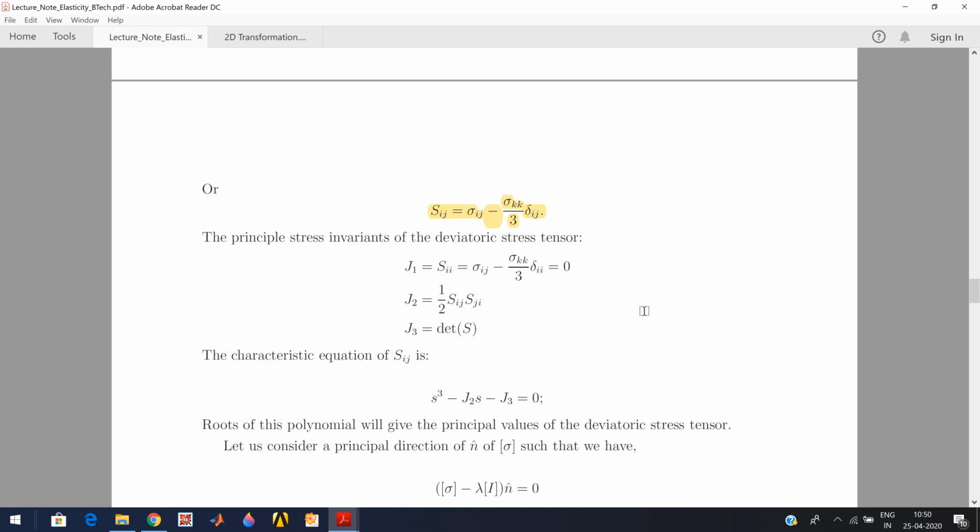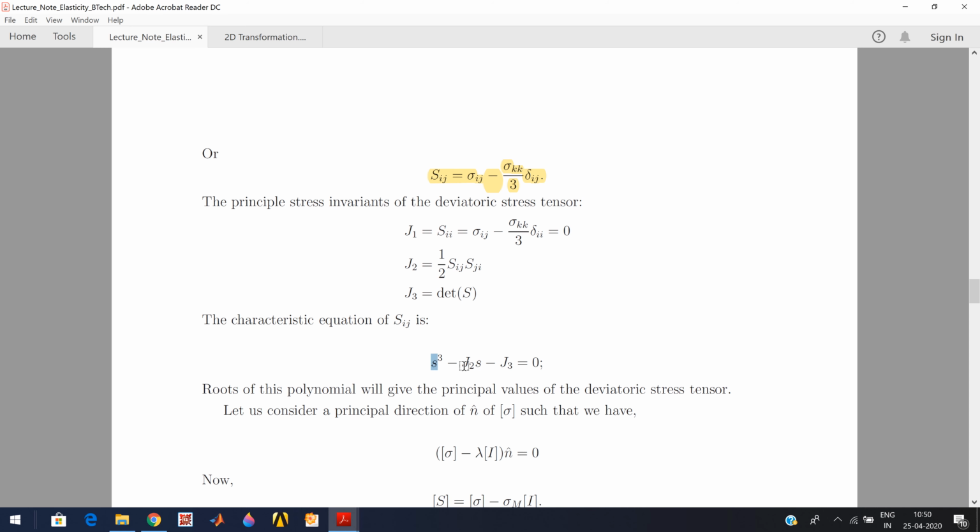Then the principal stress invariants of this deviatoric stress tensor will be J1, J2, and J3. If we carefully see, J1 will be the sum of the diagonals of this S matrix, which is actually 0. So the trace of this S matrix will be 0 as per our definition, but J2 and J3 will be non-zero. And then the characteristic equation of this Sij is defined in this way.